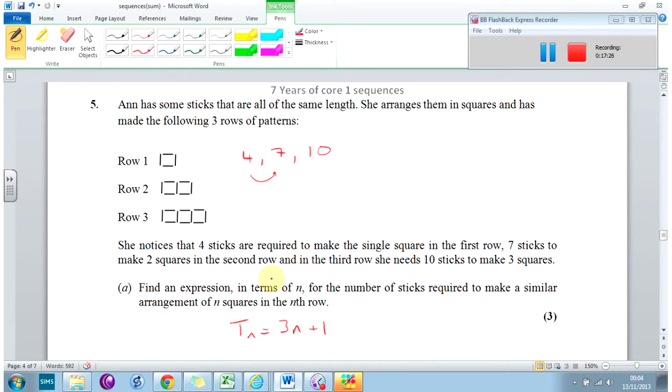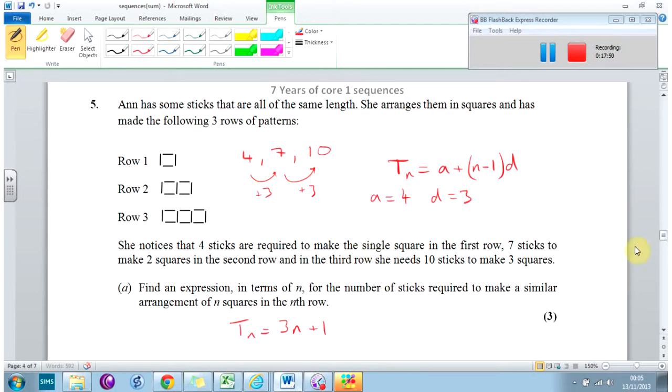You could have reached that, pardon me, that was basic GCSE, but you could have reached that using the nth term, which is a plus n minus 1 d, and you could have observed that the first one was 4, and the common difference was 3, because it's going up in threes.